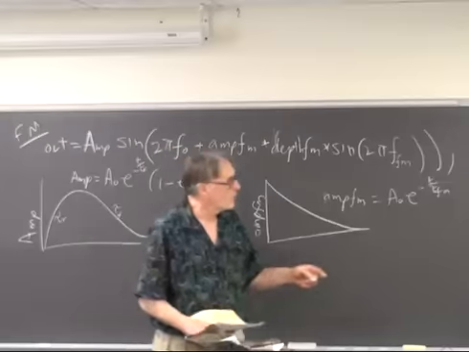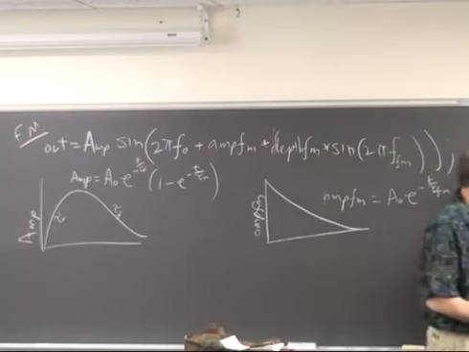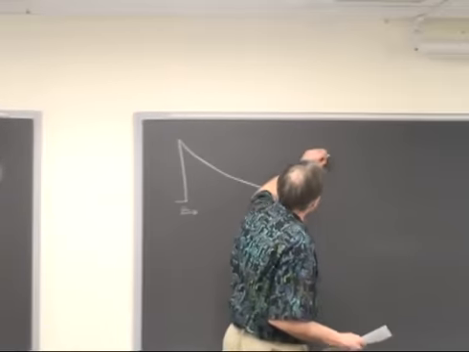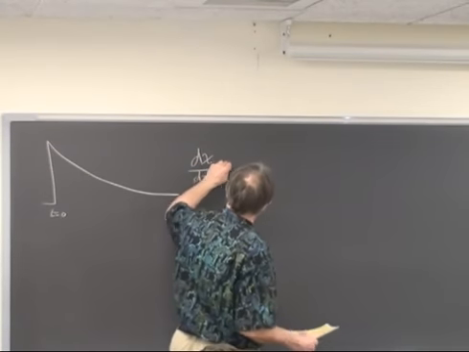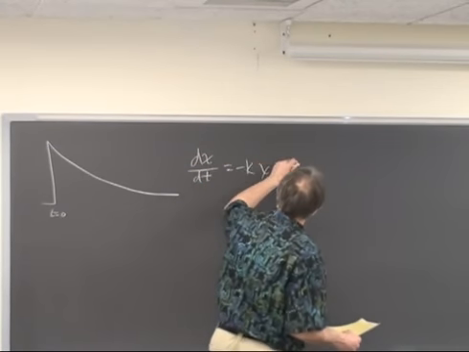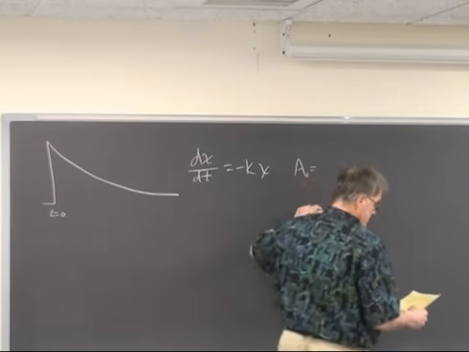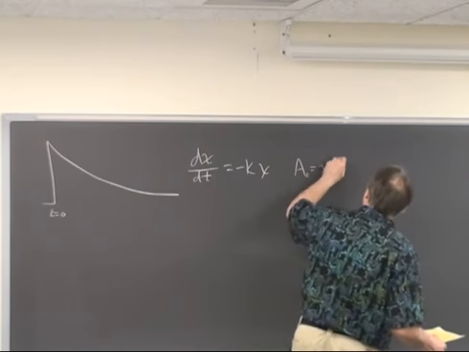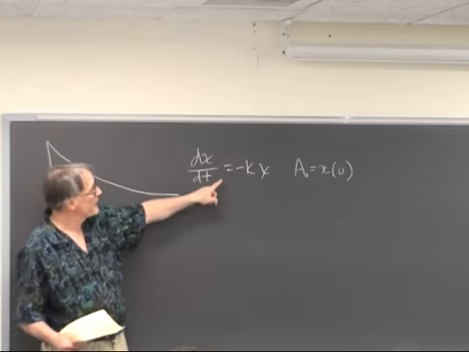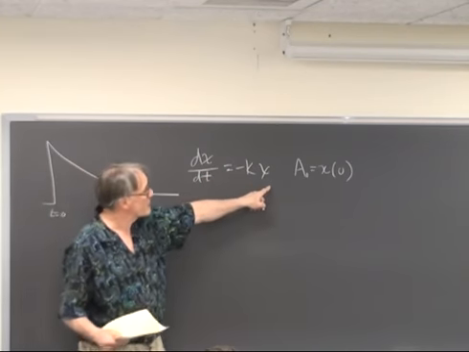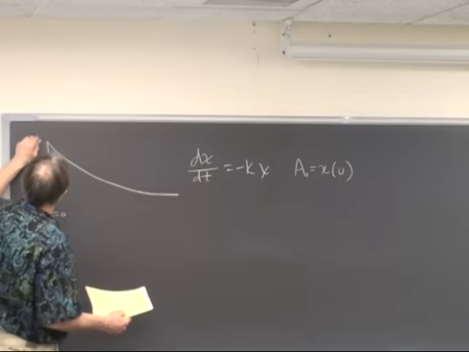So it won't be 0, but for simplicity here, we'll call it t equals 0. And then, as you all know from some class long ago and far away, or maybe not so far away, this equation can be written as dx/dt equals minus kx, with some A naught at x equals 0, where this height then is A naught.